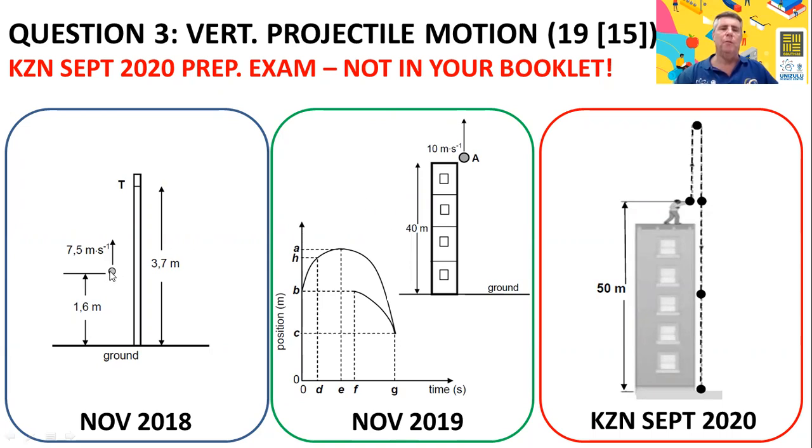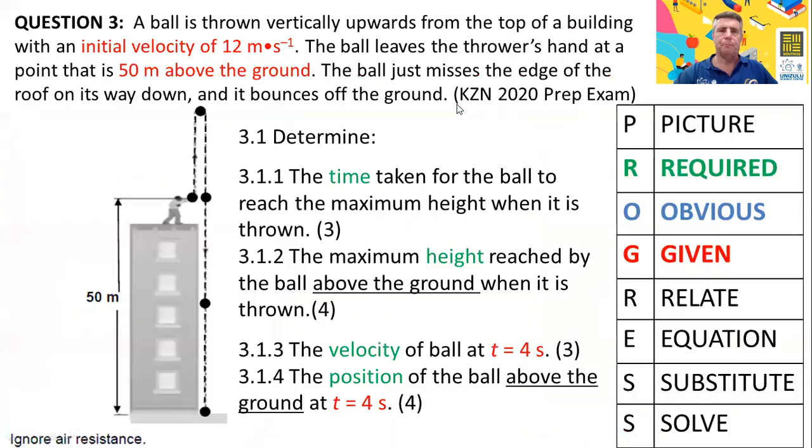A ball was thrown upwards from a certain height above the ground, a ball thrown upwards from 40 meters above the ground, and a ball thrown upwards from 50 meters above the ground. The ball rises to a certain height and then falls past the initial point. This is a favorite with examiners, and it would do you well to pay attention to this.